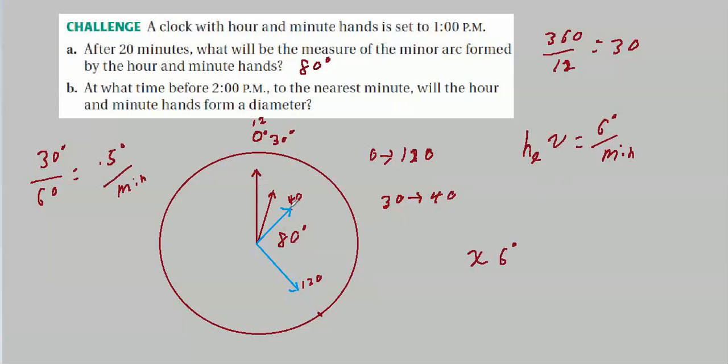So at 2:20, the big hand right here is already at 120 degrees. So we have 120 plus the number of minutes that have elapsed times 6 degrees, and that will give us the degree position anywhere along this clock or circle.